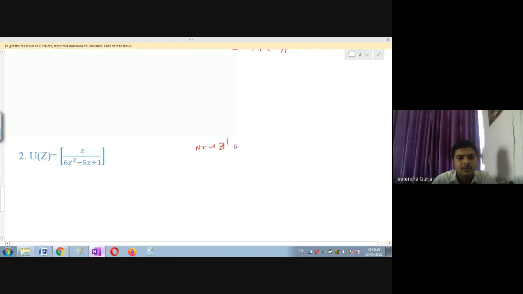In the denominator, please see, we have Z square. Can anybody tell me what will be the order? Yes, Kaustav, please tell me what is the order of this now?